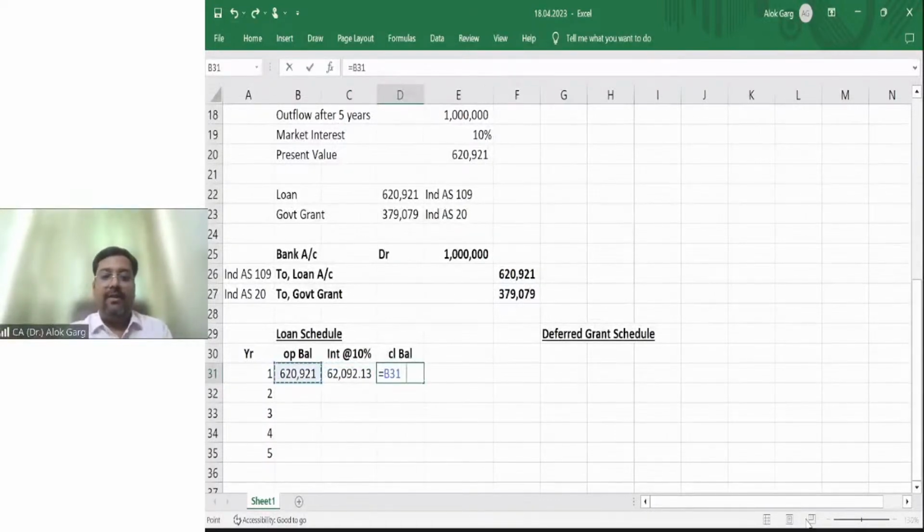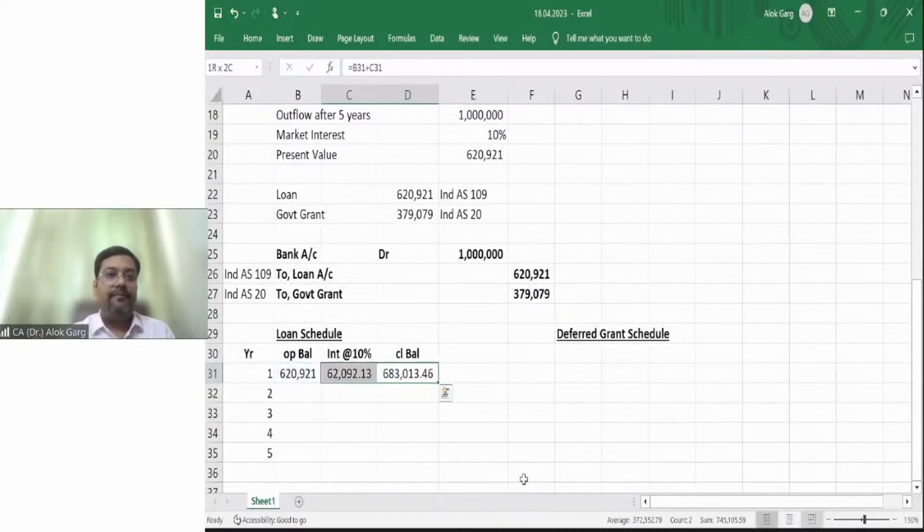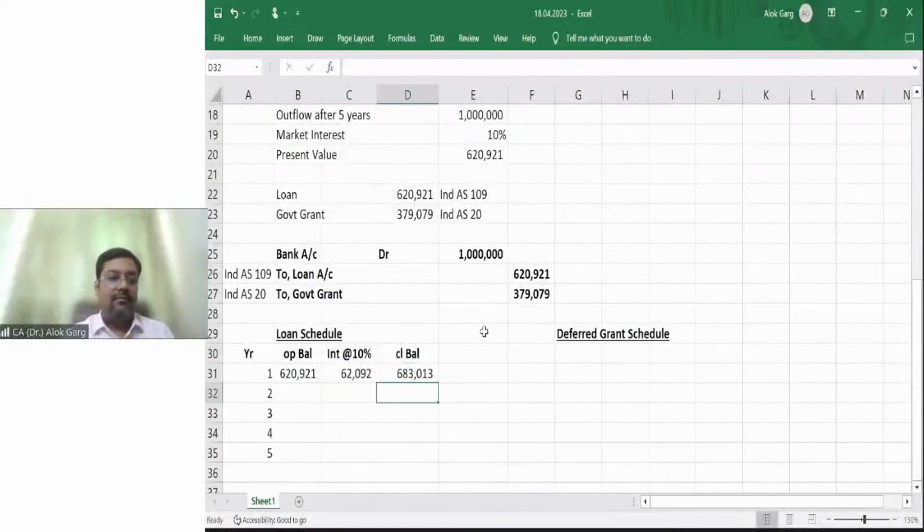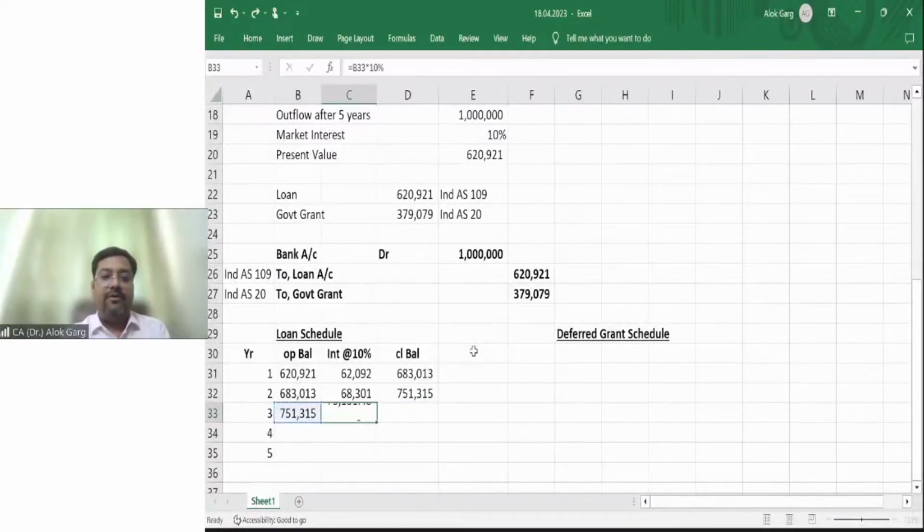Your closing balance will be this plus this. This will become your opening balance, right? Again, interest is required to be charged on this. So third year, this will become your opening balance. You have to charge 10% interest on this amount, right? This will become your closing balance.